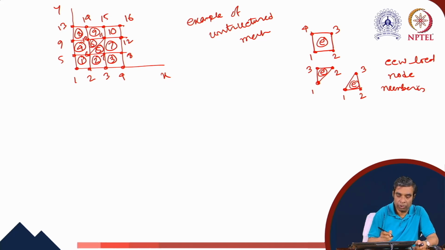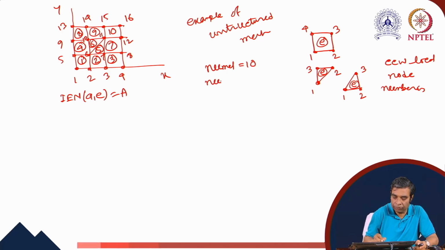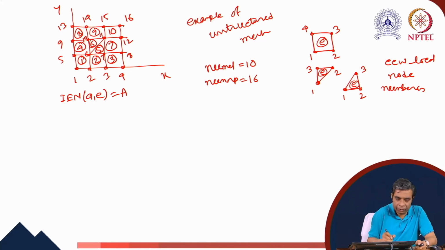Now, if we construct the IEN array for this, again we write IEN(a, e) equals capital A. Let us see that we have NUMEL, the number of elements, equal to 10 and the number of global nodes, NUMNP, equal to 16. This is a hybrid mesh where we have two different types of elements, and this is a simple example of an unstructured mesh.